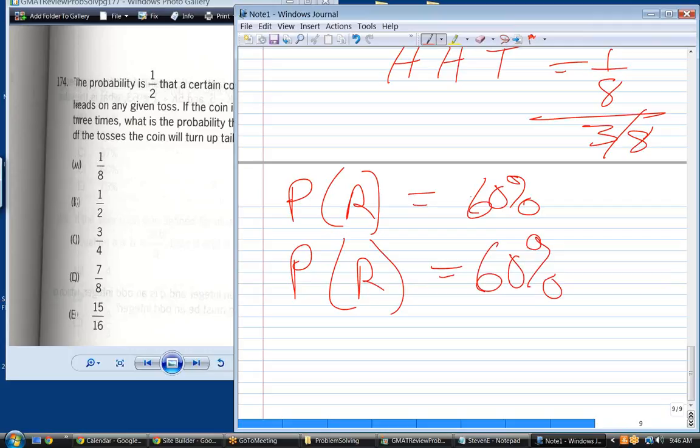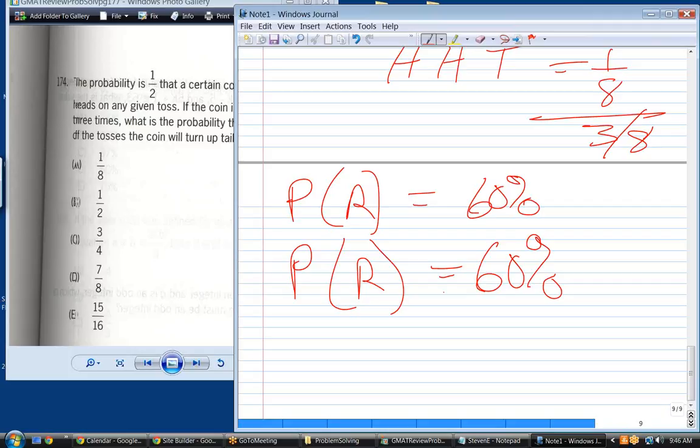You cannot add 60%. In other words, what's the probability that it'll rain on day 1 or rain on day 2? And if I add these two percentages, I get 120%. Well, that can't be right.